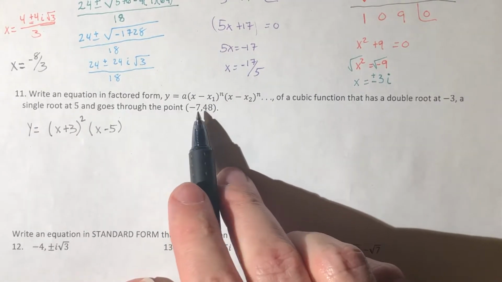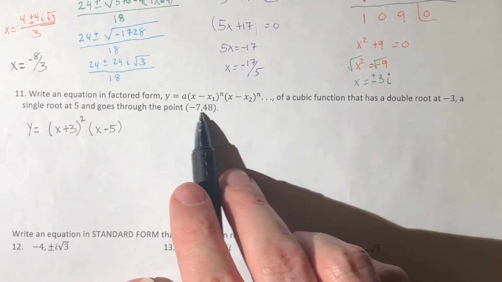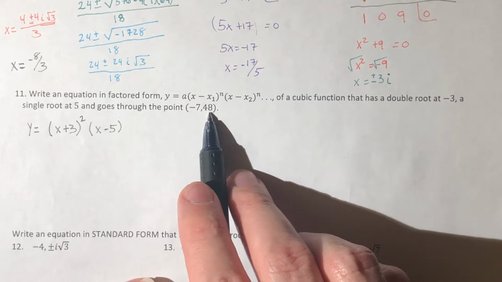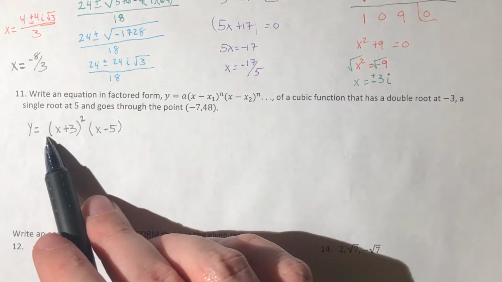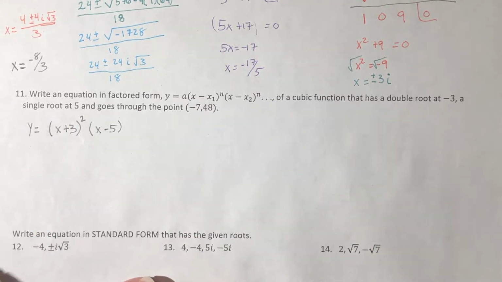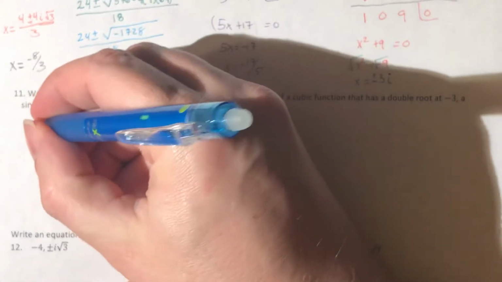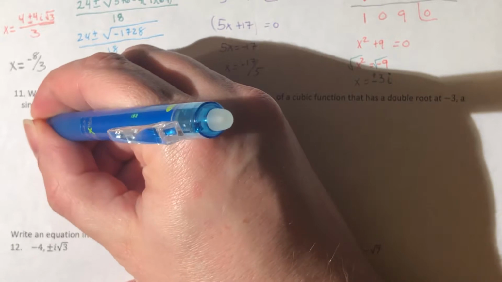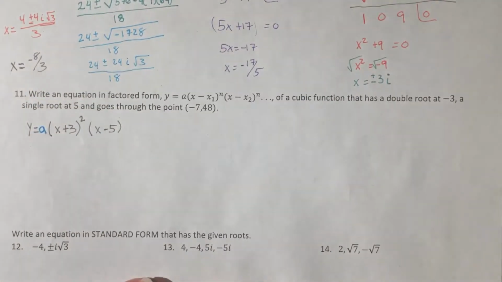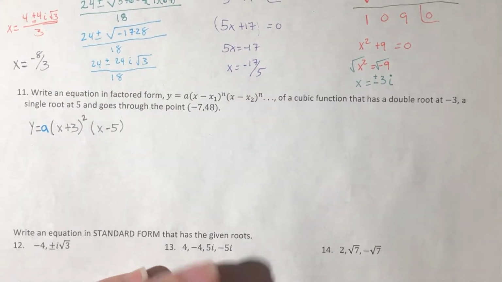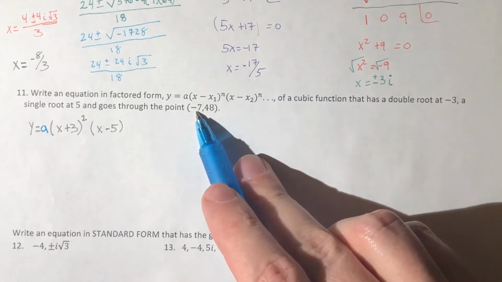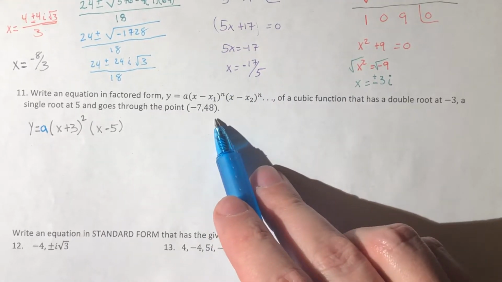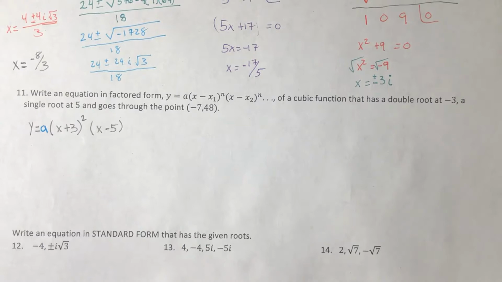But I'm also told that it goes through the point negative 7, 48. So there needs to be some stretch or shrink of what value I don't know. That is what I'm trying to find. I'm trying to find the a value. But what I know is that negative 7 is an x value and 48 is a y value.